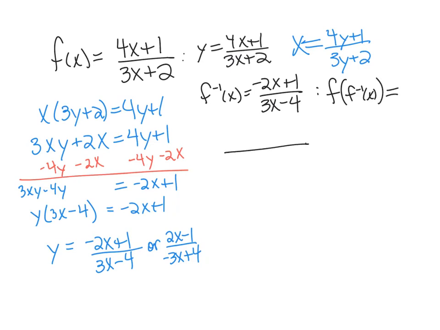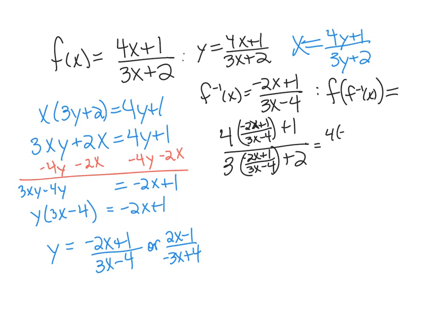F says fraction, 4 times something plus 1 over 3 times something plus 2. And I'm going to plug the inverse function in. Negative 2x plus 1 over 3x minus 4. Multiply everybody by the denominator.